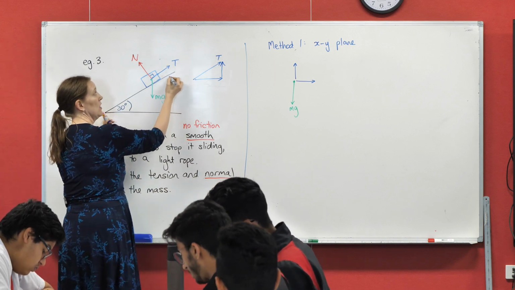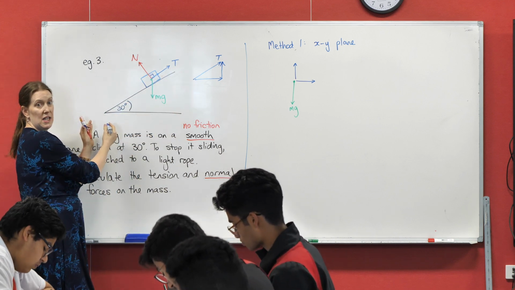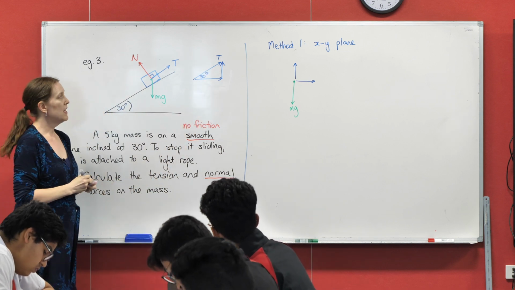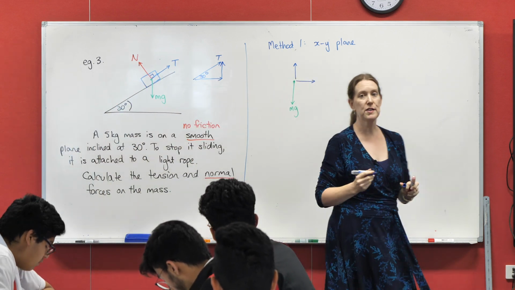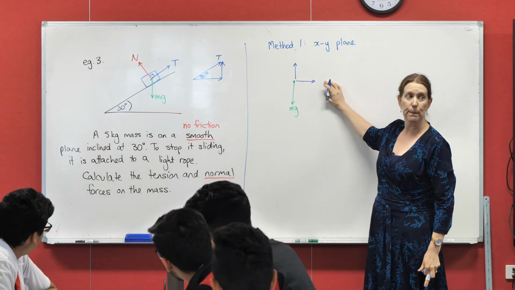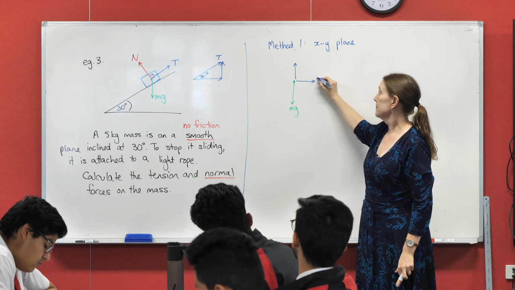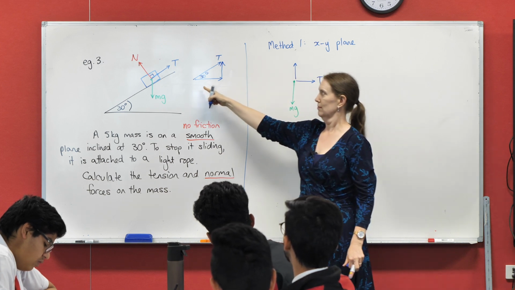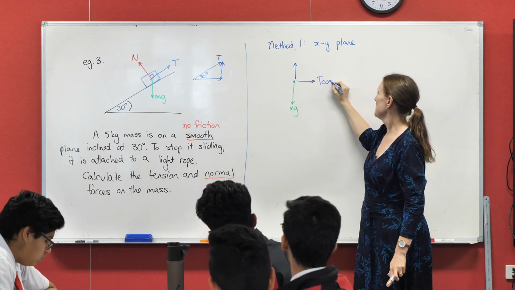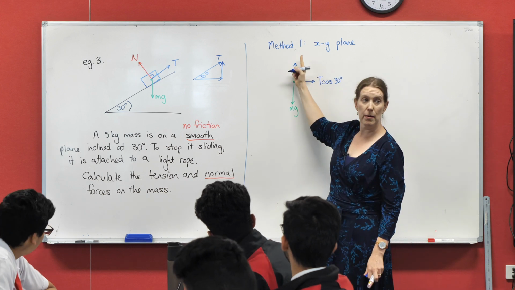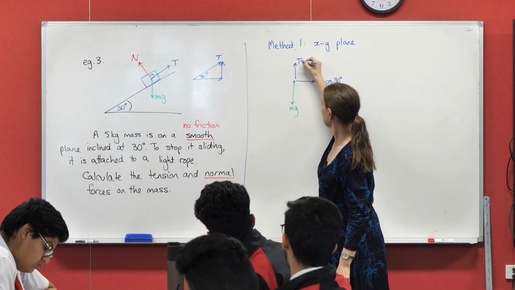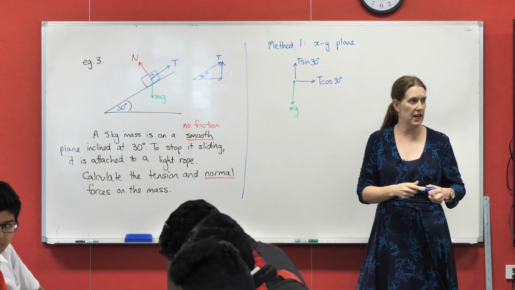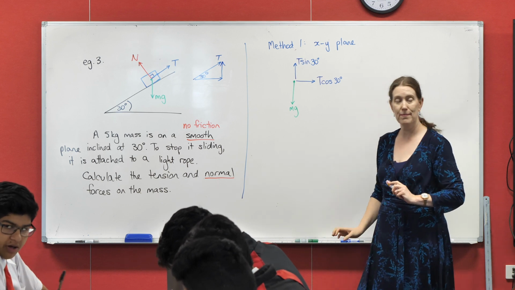Can you see that this little triangle here is on the same inclination as this plane? So this is 30 degrees. That means when I resolve it into my components over here, what's my horizontal component? T cos 30. And my vertical component, T sine 30. And we could work out what sine and cos 30 are, but that's not our goal at the moment.